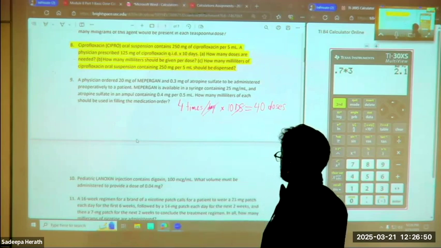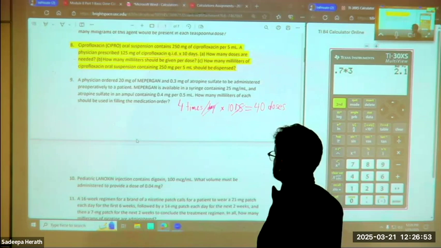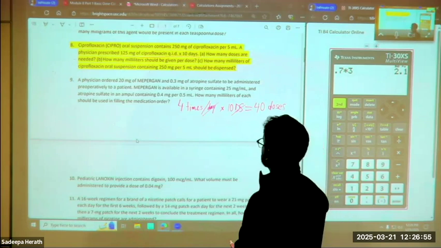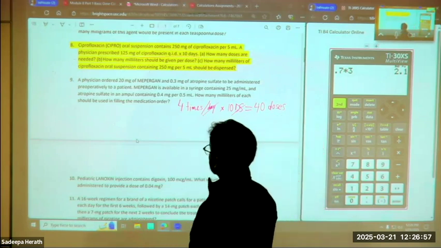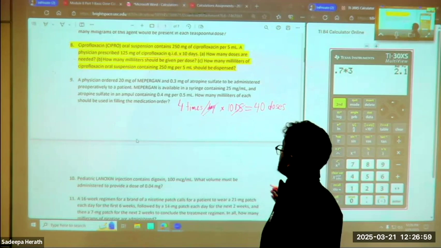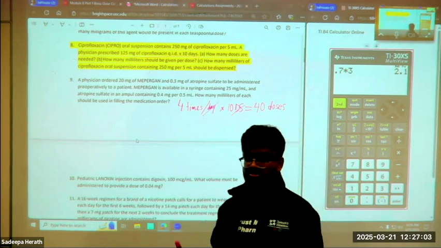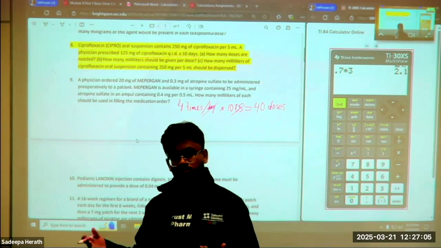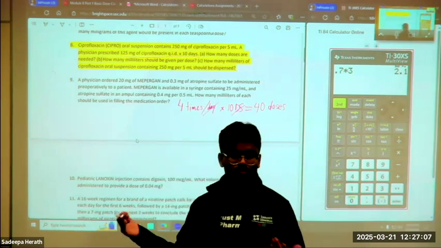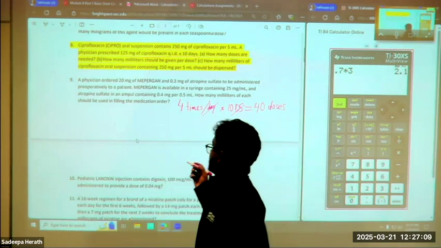So next question, how many milliliters should be given per dose? Okay, so they're asking for 125 milligrams of ciprofloxacin. I'm going to write it out first and then show you what we can do without math, right?